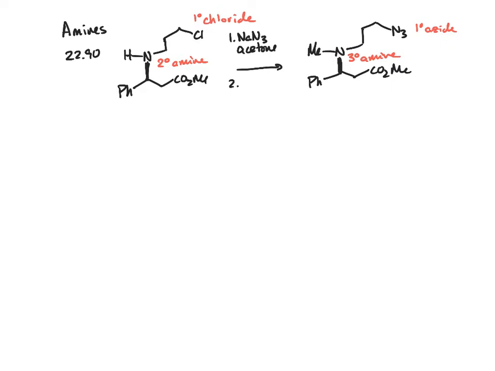The second step, you might treat with a base, say sodium hydride first, and then you need a methyl group, so then methyl iodide. The base, sodium hydride, simply deprotonates that, so you get the N minus, and then you attack the methyl iodide.